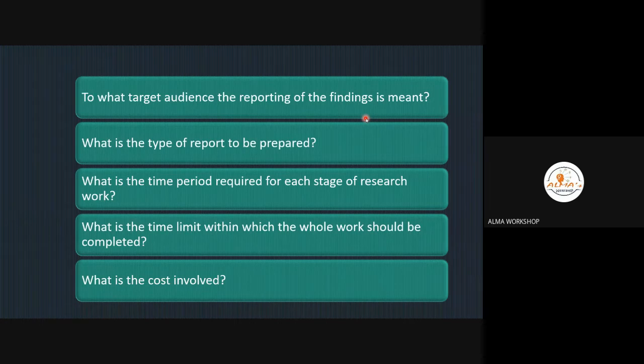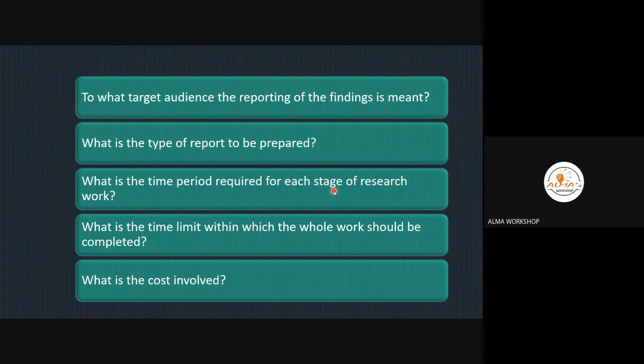Always you have to keep in mind your research and who are the audience you are trying to expose your results to. Okay. Only if you ask all these questions, you'll be able to do a very good research. Okay. And what is the type of report that is to be prepared, and what is the time period required for each stage of research? That is very, very important. Okay.